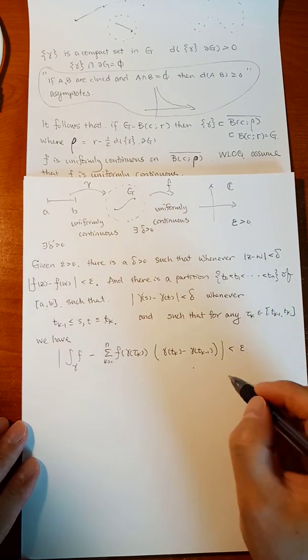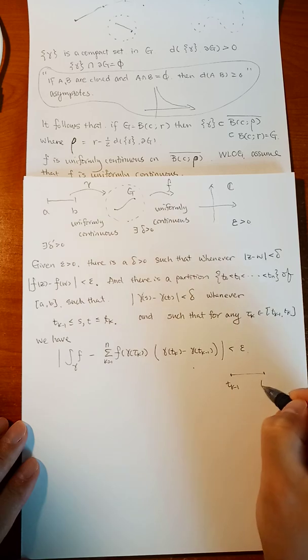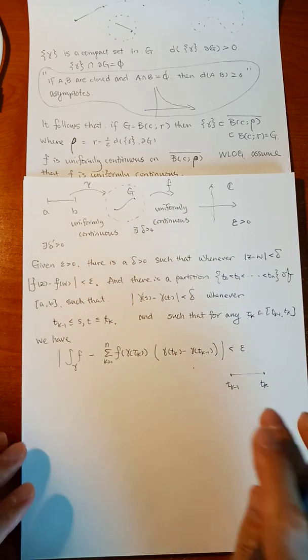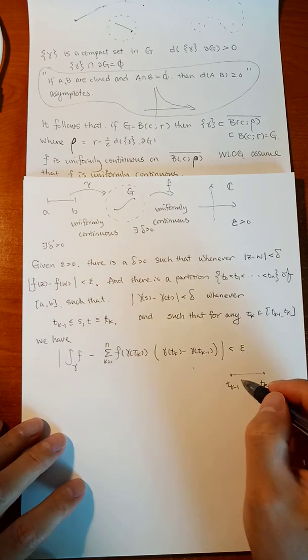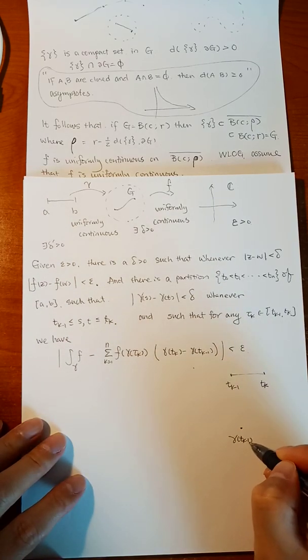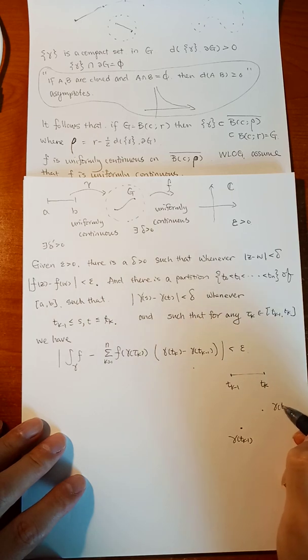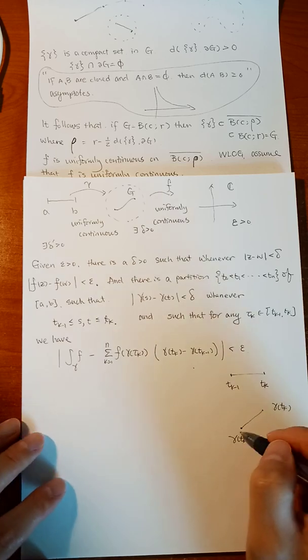Okay, so here we have tk minus 1 and tk. It is one subinterval. For this subinterval, this is gamma of tk minus 1. This is gamma of tk, and we're going to use a straight segment to join them.